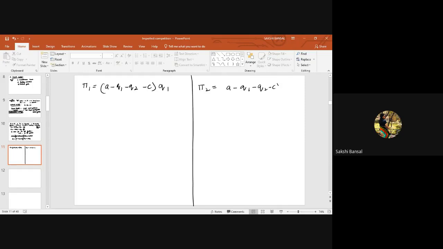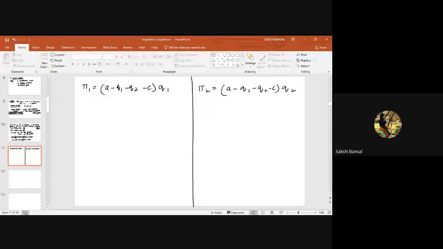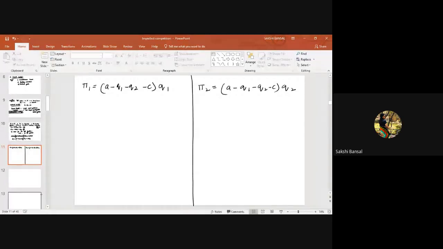Can I write my equation like this for both the markets? Now differentiate the entire equation with respect to Q1. To avoid confusion, write it like this.